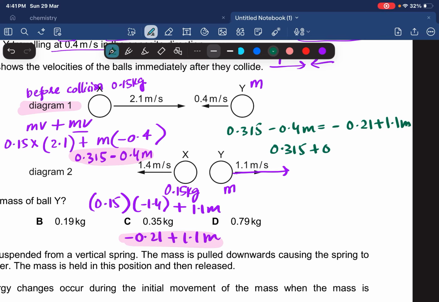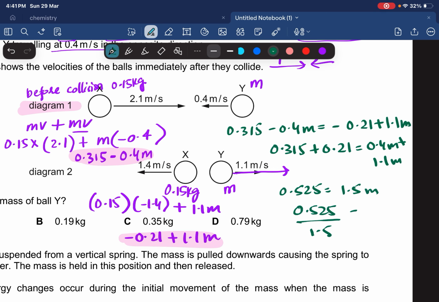So 0.315 plus 0.21 equals 0.4 m plus 1.1 m. 0.315 plus 0.21 gives me 0.525, equals 1.5 m. So 0.525 divided by 1.5 equals m. I get 0.35 kilograms as my answer.